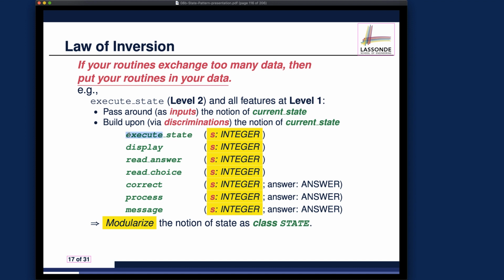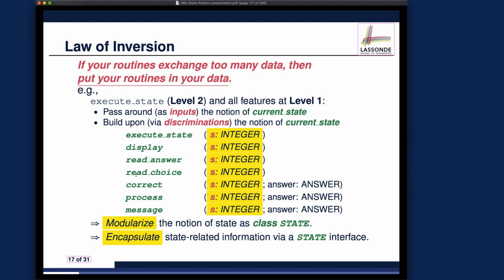And all the state-dependent routines over here will become the routines of that particular class. That's something we'd like to do. And also, we want to encapsulate the state-related information via a state interface. So the interface here will just consist of all the routines that depend on the states, right? So that's how we move from design attempt number 2 to the ultimate solution.